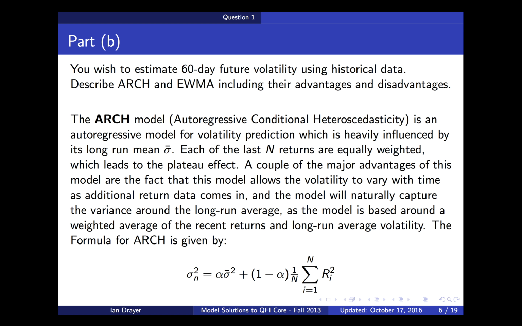Because these are equally weighted, we see a plateau effect. A couple of the major advantages of this model are that we allow the stock to vary its volatility over time. And so as additional returns data comes in, the model will naturally capture more of the variance through the long-run averages.